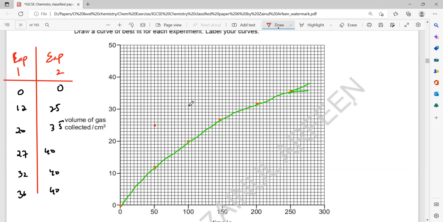This was 3, 2, 3, 4, 5, because this is 35. Then 40, 150, and 40. So 150 and 40.